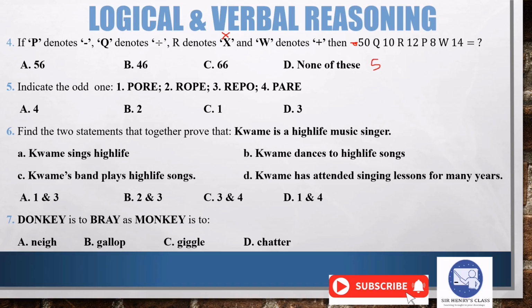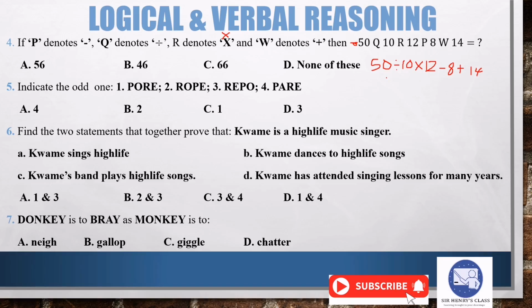So we have 50, Q denotes division, R denotes times, P denotes minus, W denotes addition, so plus 14.